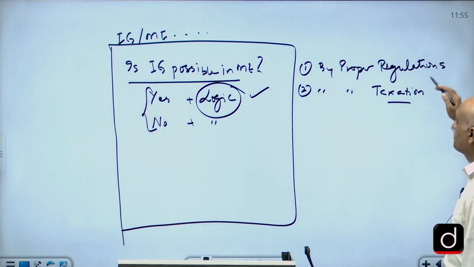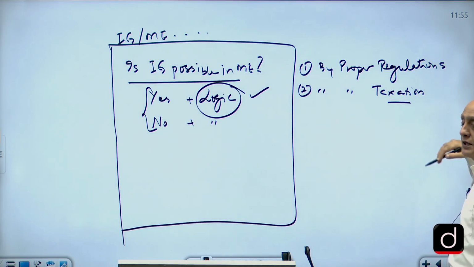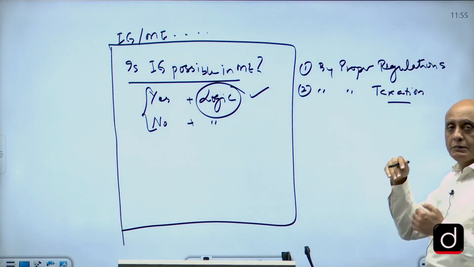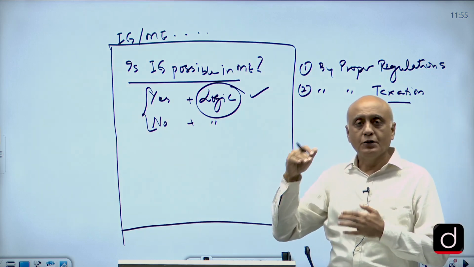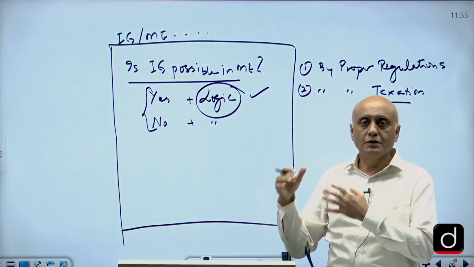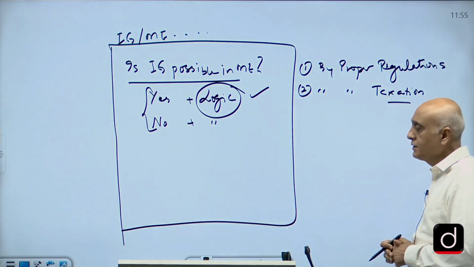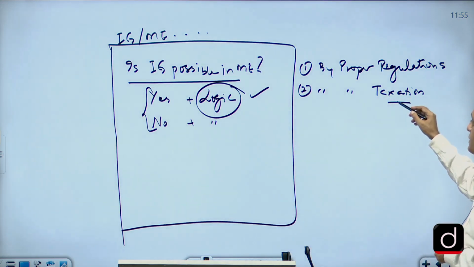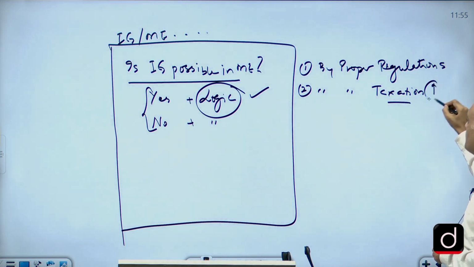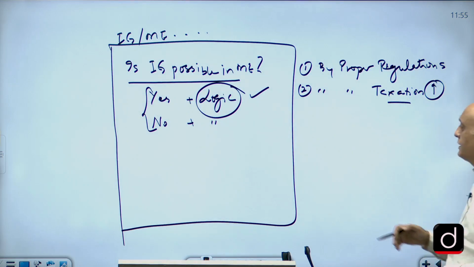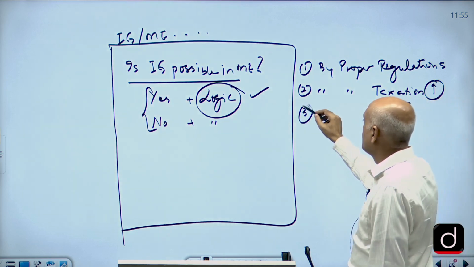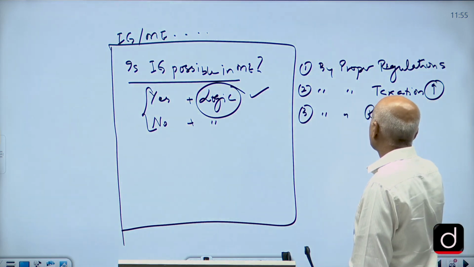So if you have proper regulations on the market economy, then the market will be stable, economy will be stable, your economic growth will be high, and then your business can generate more of the GDP which can be taxed. So resources will be available in the market economy in a much better way as you see in the socialist economy. And then you must have a proper redistribution plan.